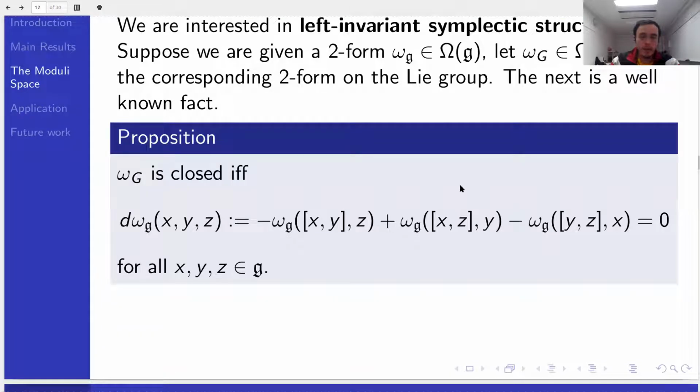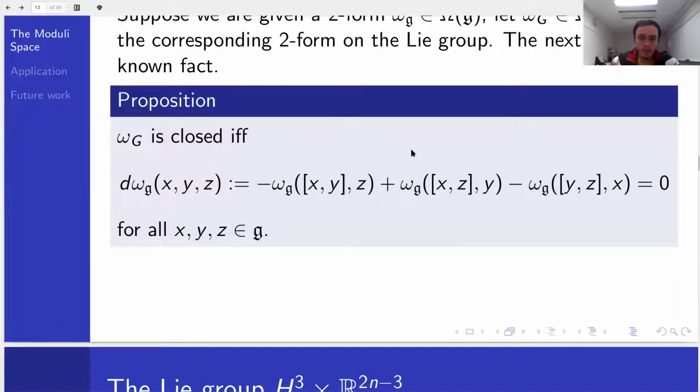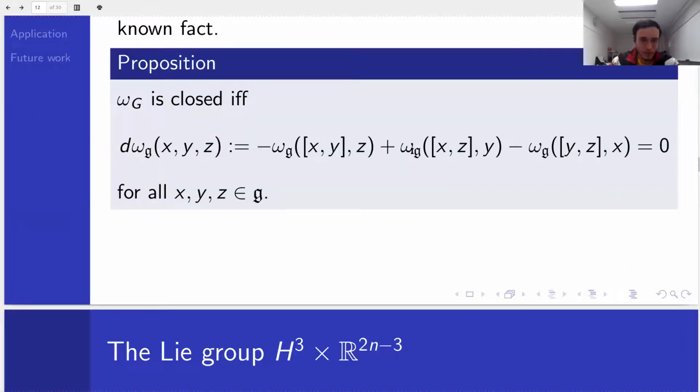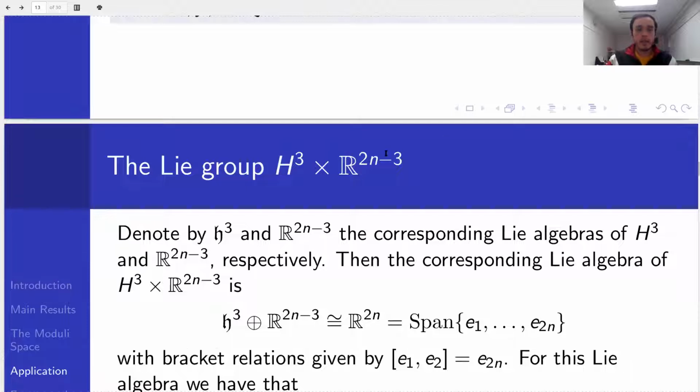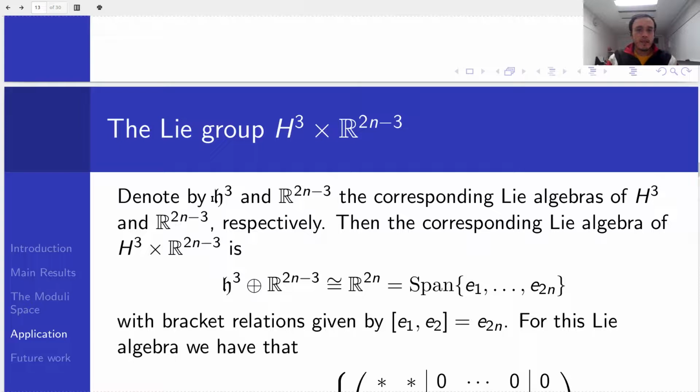So how can you apply this to a concrete example? Let's study one concrete example. Let's consider this group. This is the Lie group, the product of the Heisenberg Lie group and the abelian Lie group. We denote the corresponding Lie algebra of H, and this is the corresponding Lie algebra of the abelian Lie group here.